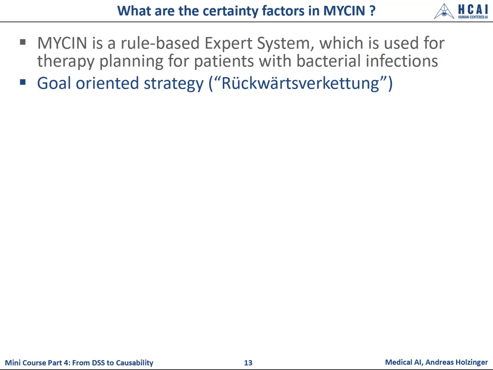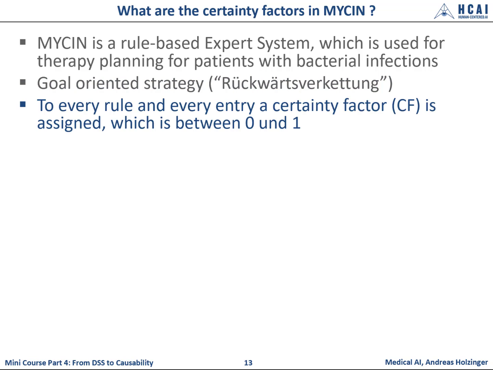So it is based on a goal-oriented strategy. This is called in German Rückwärtsverkettung. That means to every rule and every entry a certainty factor is assigned, which is then between 0 and 1. And you can remember, I have often mentioned this marginalization, this dividing by the evidence. This is exactly something where you have a quantifiable measure which is easy for you.